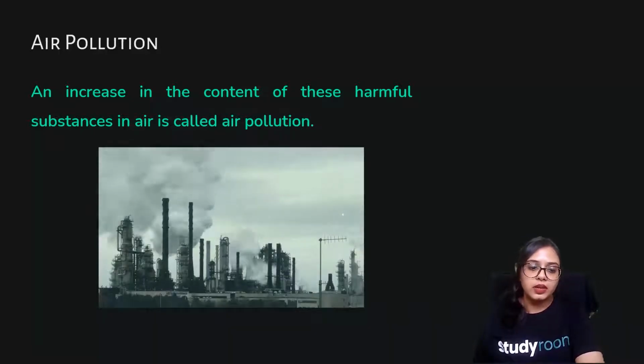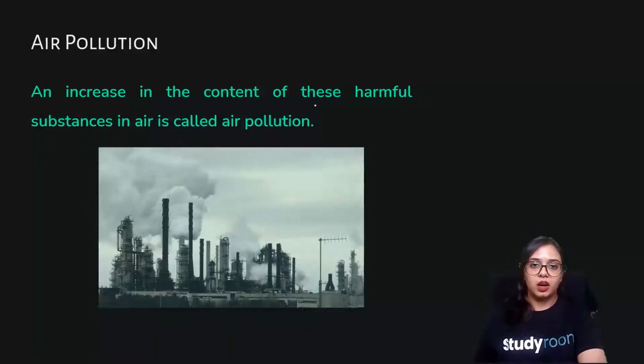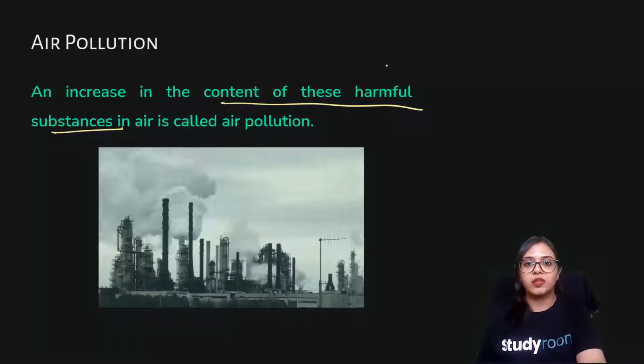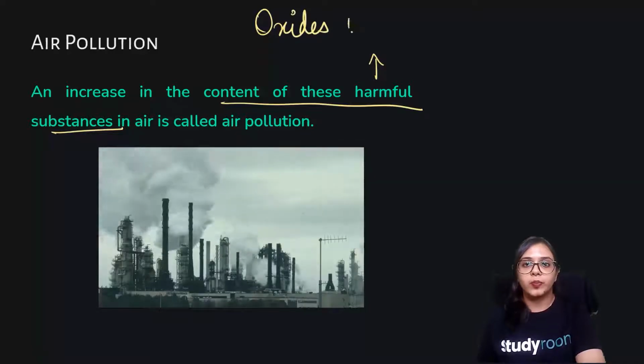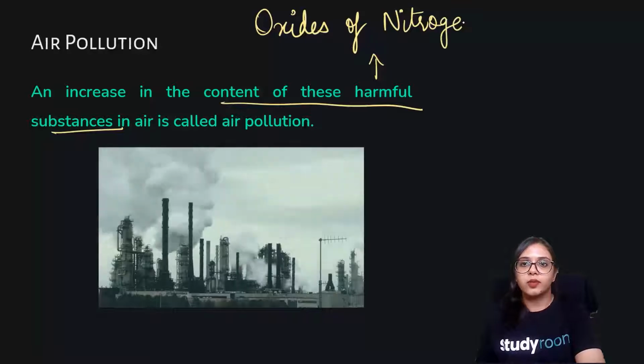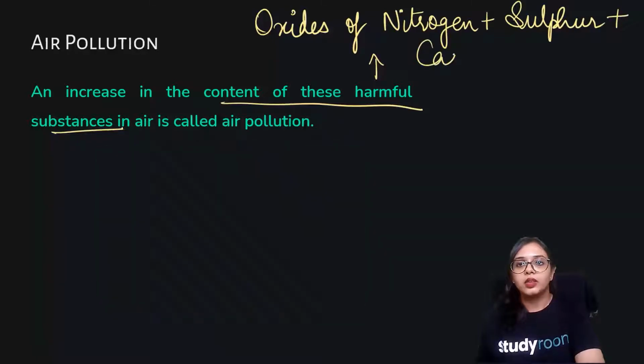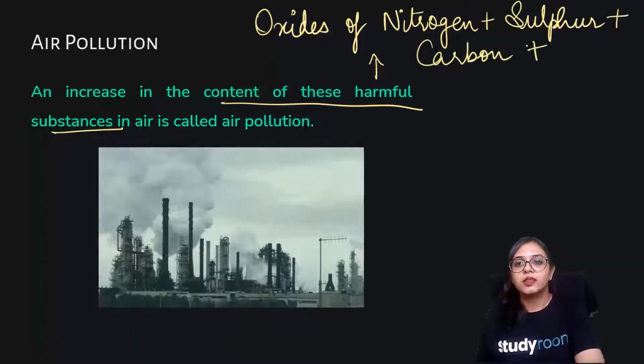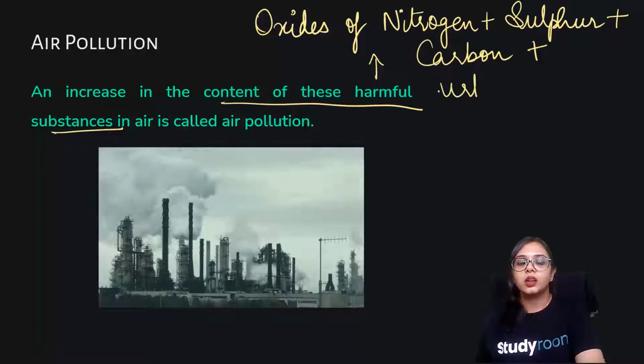Okay, this increase in the content of these harmful substances such as oxides of nitrogen, oxides of sulfur, and also oxides of carbon, and you would also have some other unburned particulate matters.